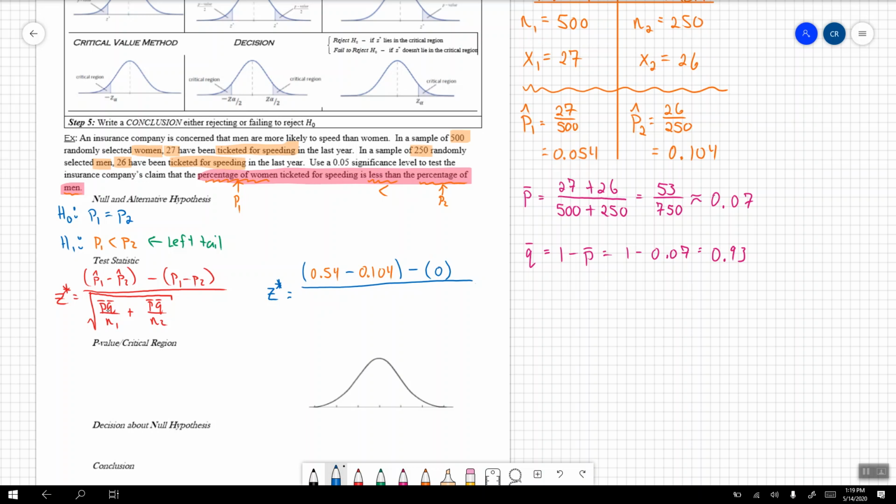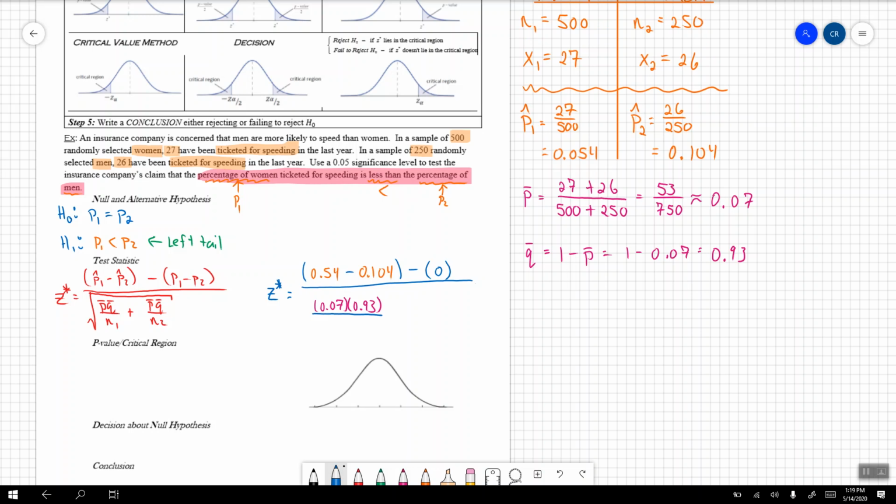Now, we need p bar, q bar. So let's go with p bar and q bar. So p bar in this particular case is going to be 0.07 multiplied by 0.93. And we're going to divide this by N1.